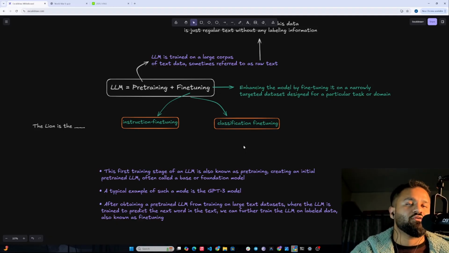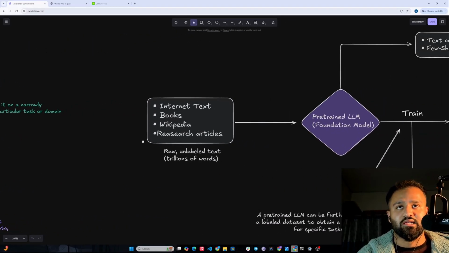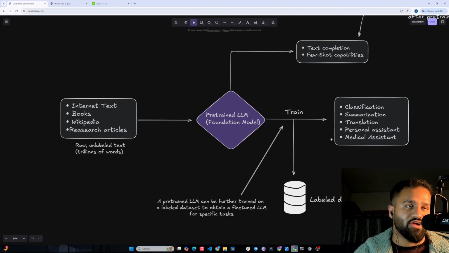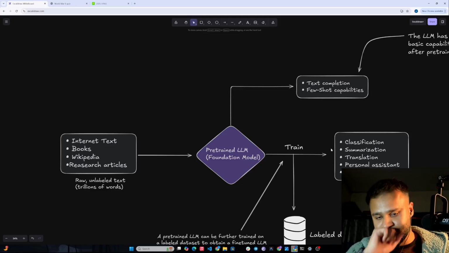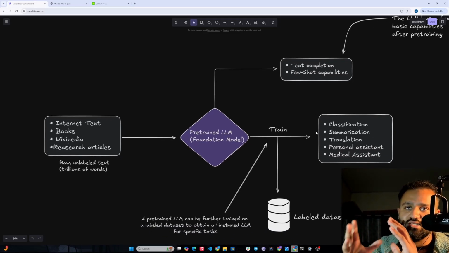Well, I have also prepared one visual workflow for you guys, so that you can easily understand the difference between pre-training and fine-tuning, right? As you can see, just look from the basics.